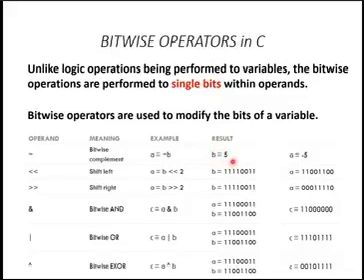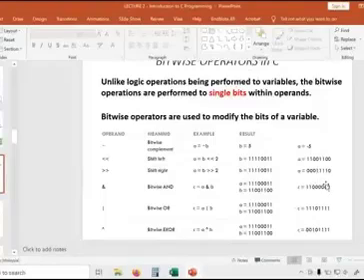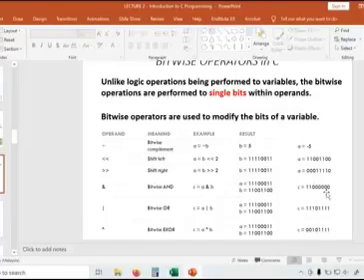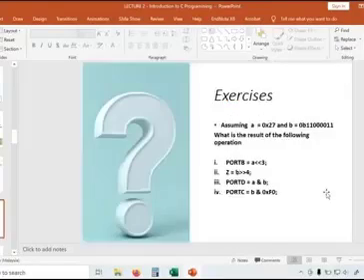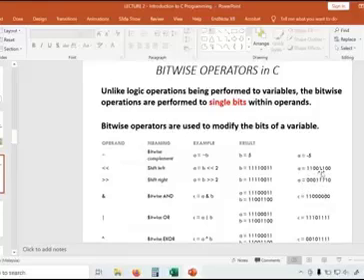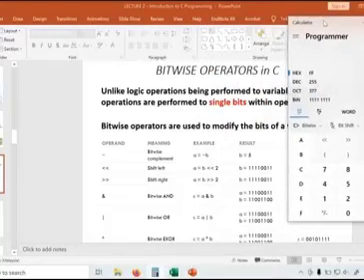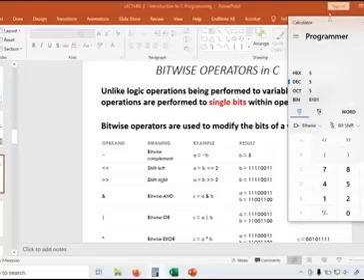Let's say if the data is 8 bits, the process will take place between each bit of the 8 bits. Basically, we use bitwise to modify the bits of the variable inside the value. So these are the characters that we use in order to perform bitwise operations.